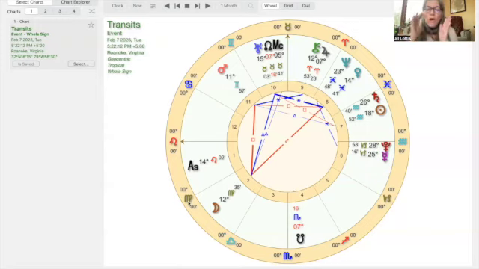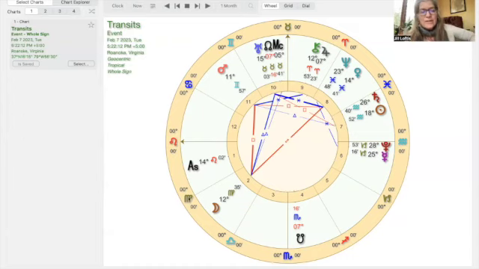Because it's kind of like a filing drawer, right? And they're filing all of the Taurus planets in one house, and they're filing all the Aries planets in the other house, right? Versus the Koch, K-O-C-H style system that I typically use, which is a little bit more specific, right?